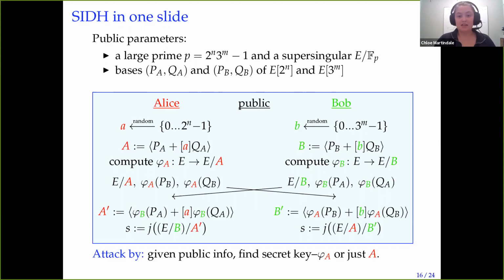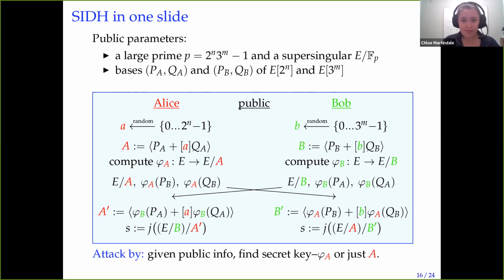And then they can use that to compute the second kernel they need to do the second steps in the commutative diagram, and get the shared secret, which is just the quotient of the elliptic curve by the two subsequent kernels. And then that j is just an isomorphism invariant, because remember, they were only the same up to isomorphism. So this is the high level overview of how it works.